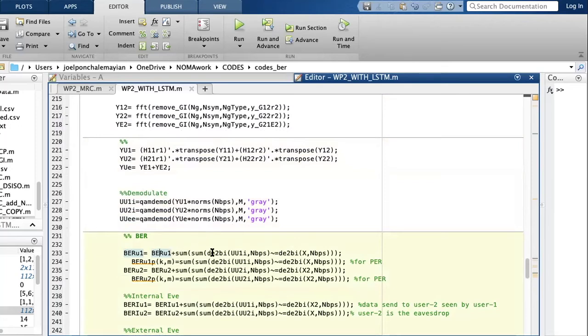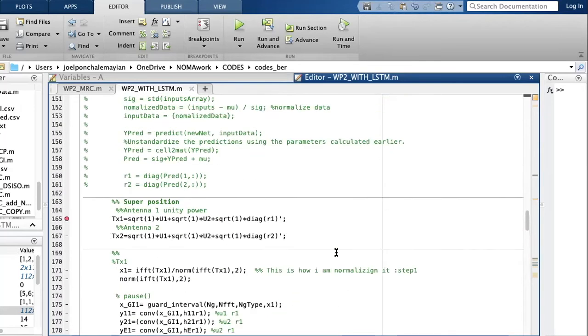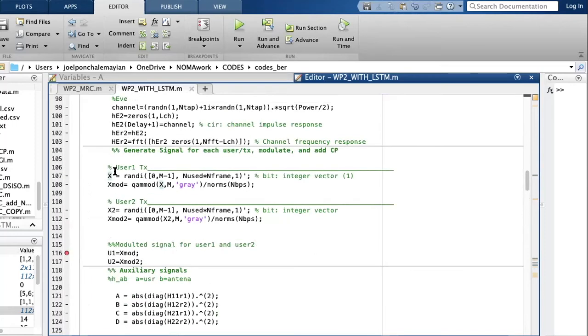So here what it does is you're taking the sum of this. This is basically how you do it in MATLAB to see if this term is equal to this term. And this X, this one is what we transmitted. This is the original data. If you see it here, all the way here, this was our data that we transmitted.